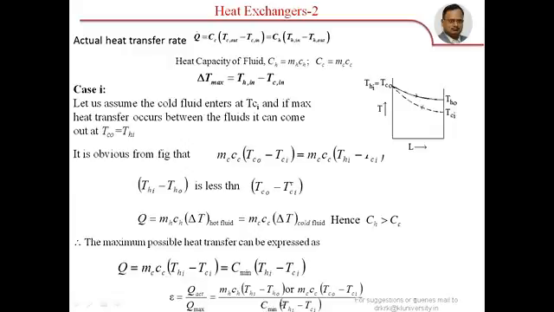If C minimum in this case is MHCH or MCCC, in case 1 we have taken, which is C minimum? MCCC. Therefore, it is better to choose in the numerator the equation MCCC (TCO minus TCI). So this MCCC, C minimum, cancels and effectiveness is TCO minus TCI by THI minus TCI.